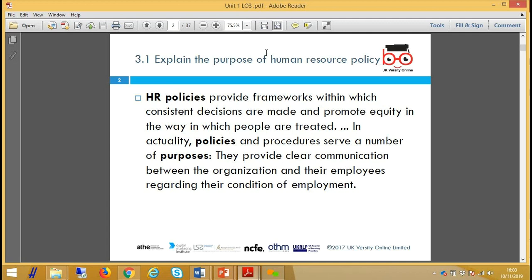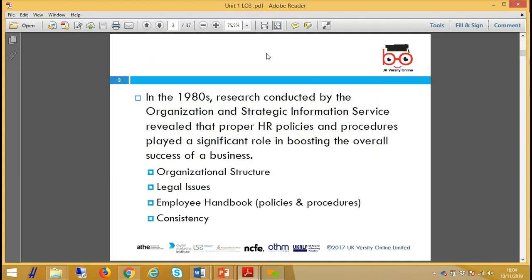And then we now need to start looking at the conditions of employment and the contract of employment being a key aspect of HR policy. So we'll look at that very quickly. But first of all, let's just highlight what this research showed. The Organization and Strategic Information Service did some research some time ago where they looked at the significance of HR policies, and they mentioned 4 key areas where HR policies are most useful.